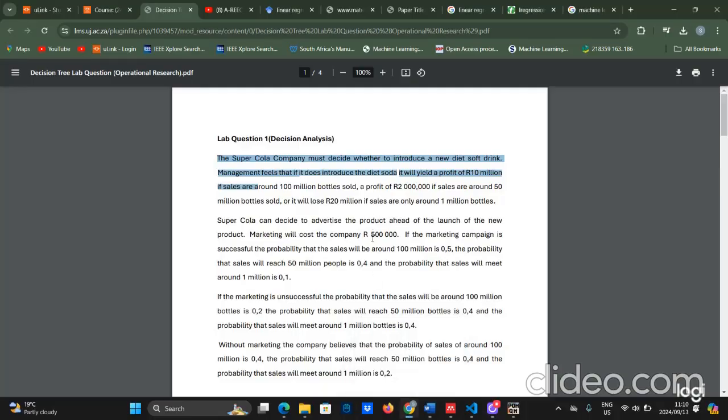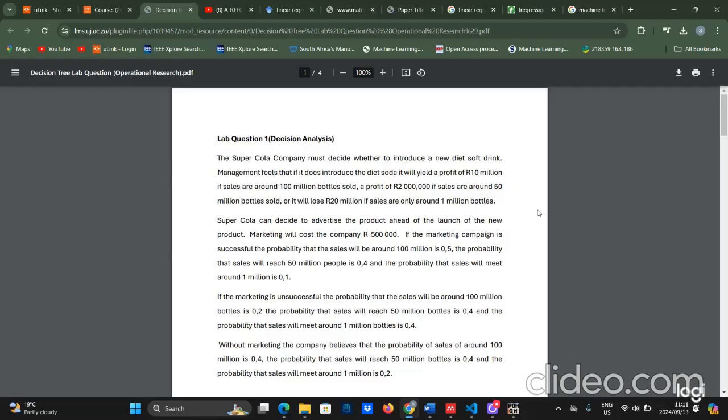Management feels that if it does introduce the diet soda, at maximum it will yield a profit of 10 million if they sell 100 million bottles, and a profit of 2 million if the sales are around 50 million bottles sold, or they'll lose 20 million if they only sell 1 million bottles.